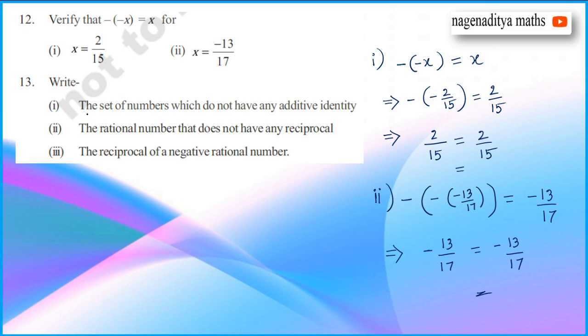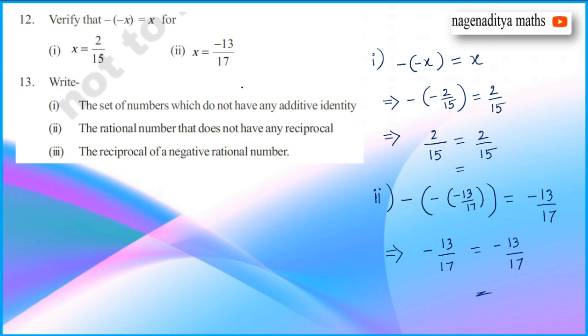13th Roman. First one, the set of numbers which do not have any additive identity. So we already discussed about the number sets, the natural number set, whole number set, integer set and rational number set. We already discussed all those things. So the question is the set of numbers which do not have any additive identity.